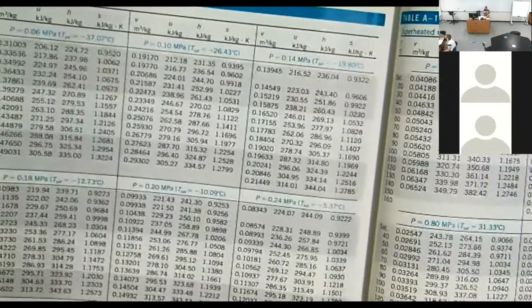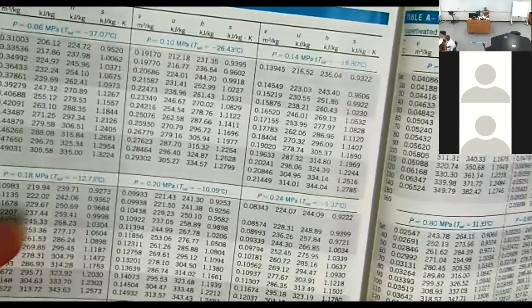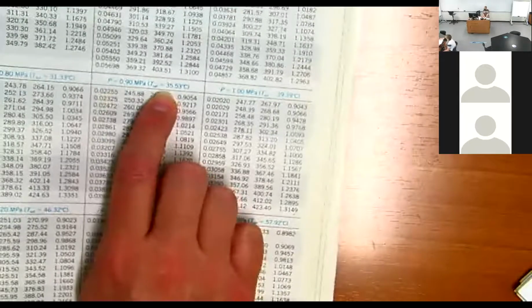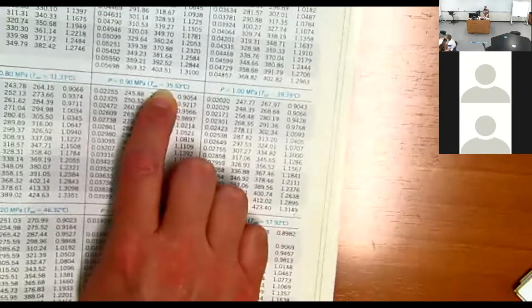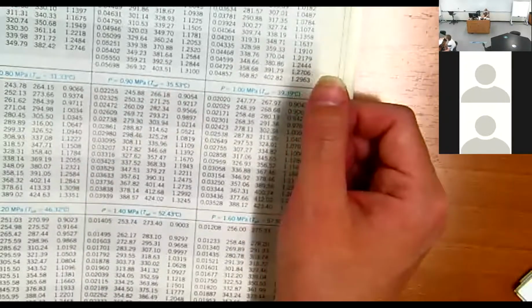We're going to go here and look up our 0.9 megapascal superheated vapor table, which is here. It also tells you here what the saturation temperature is. So if you think you have a gas, just go ahead and check if you're much above that saturation temperature.